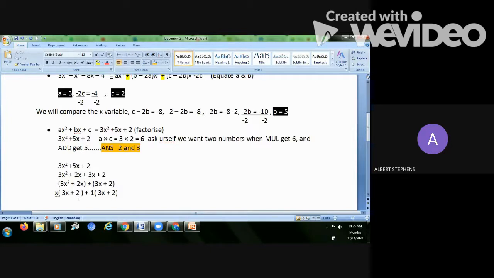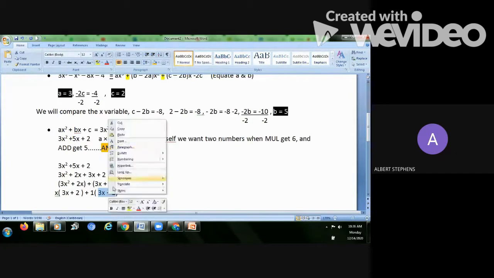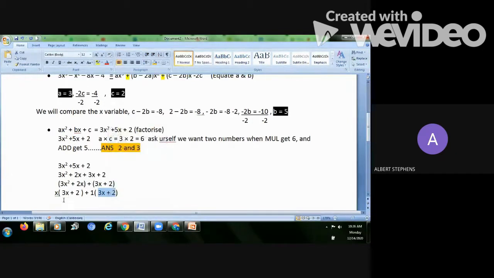Because if you notice, what's in the bracket is common, so you take it out.